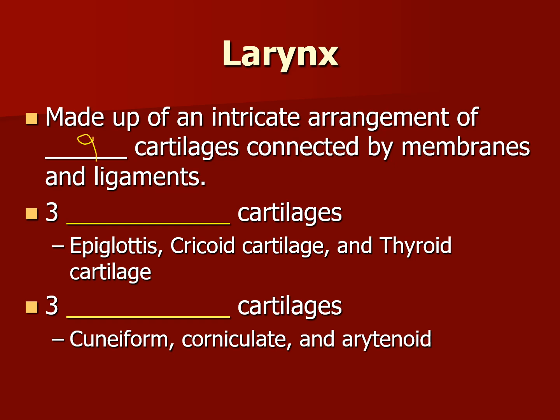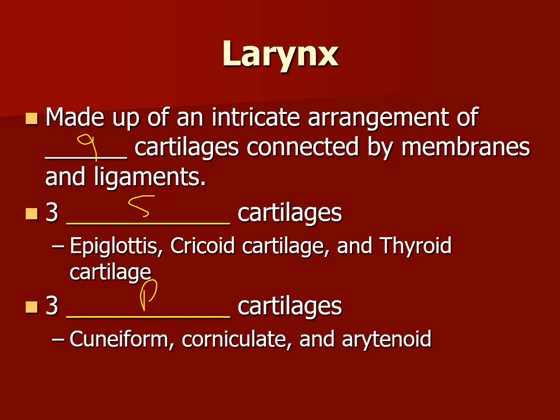The larynx is made up of an intricate arrangement of 9 cartilages connected by membranes and ligaments. You have 3 single cartilages and you have 3 paired cartilages. You will need to know which ones are single and which ones are paired. The 3 single cartilages are the epiglottis, the cricoid, and the thyroid.